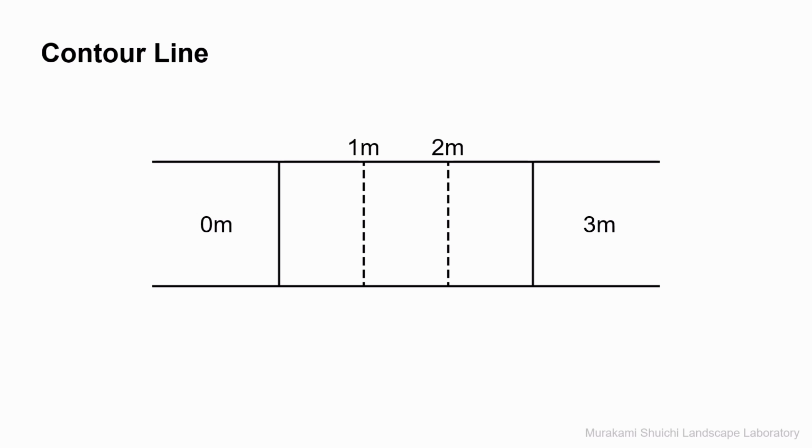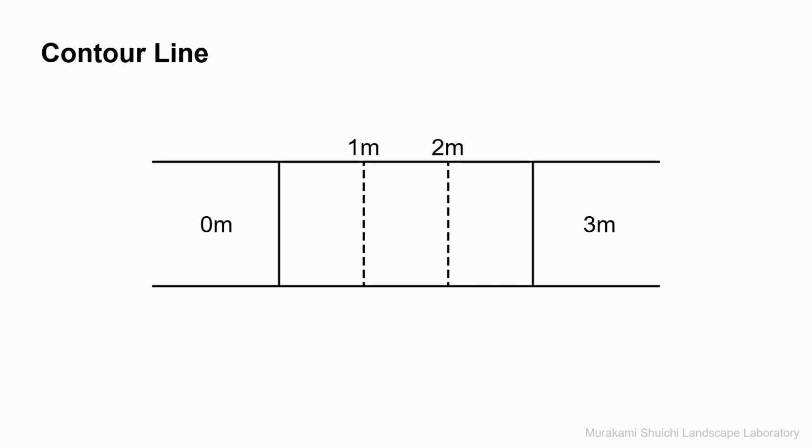Since the ground does not actually bend or break at the 1 meter or 2 meter levels, these are drawn as dashed lines to distinguish them from break lines. They are conceptual lines that simply indicate that the elevation at these locations is 1 meter or 2 meters. Such lines are called contour lines.